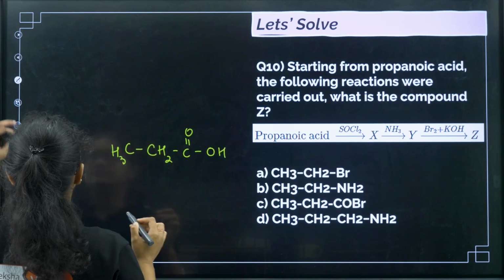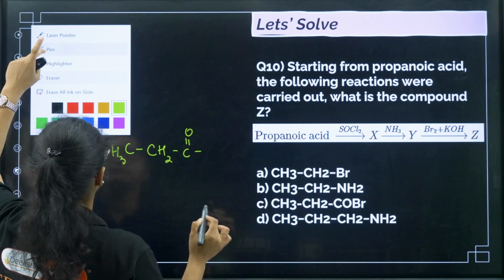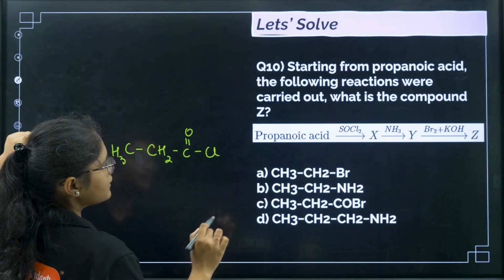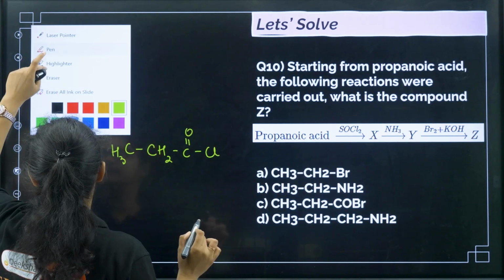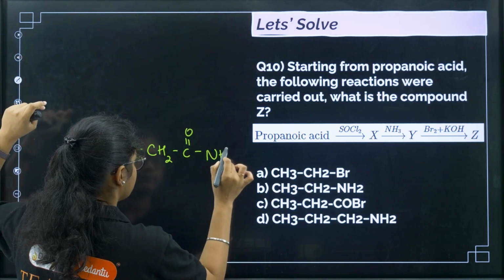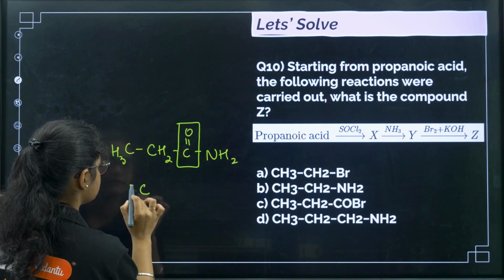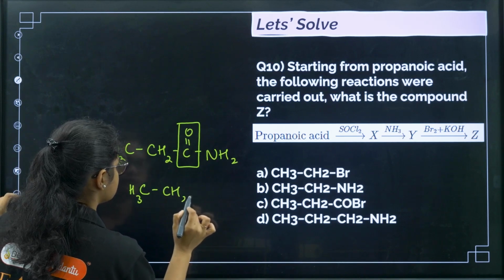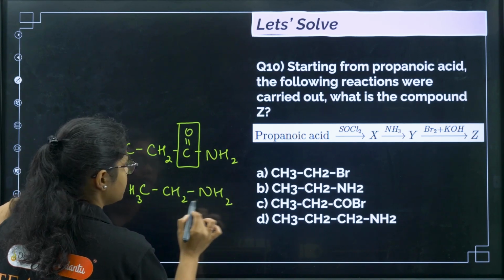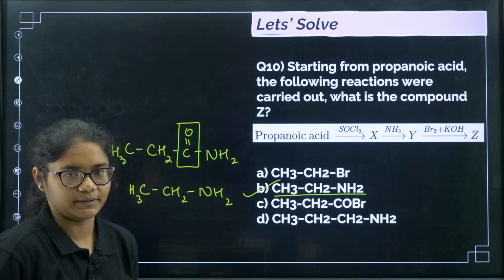Now if you treat it with SOCl2, what will happen? This OH group will be replaced with Cl, right? Now if you treat it with NH3, what will happen? This will form an amide, right? Next, if you do bromine, that is Hoffmann bromamide degradation, we will get CH3CH2NH2, right? So we will get ethanamine. So that is your answer. The correct answer is option number B here.